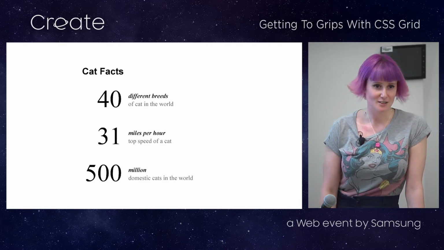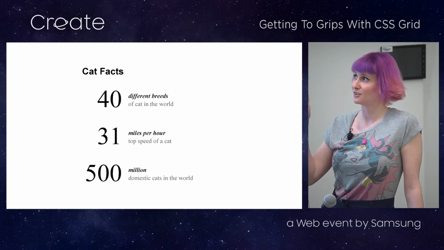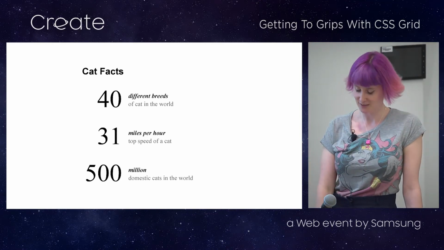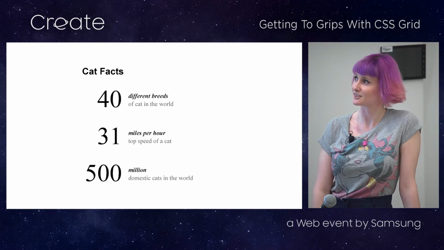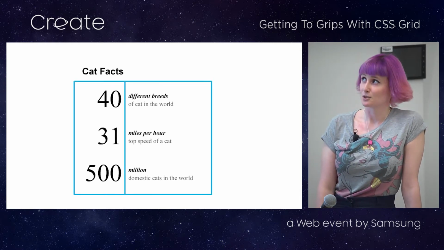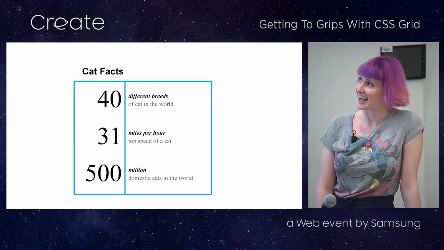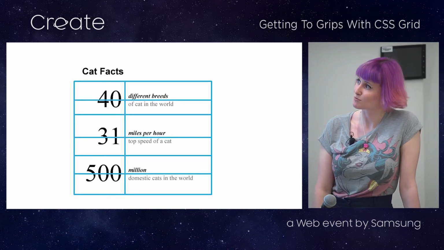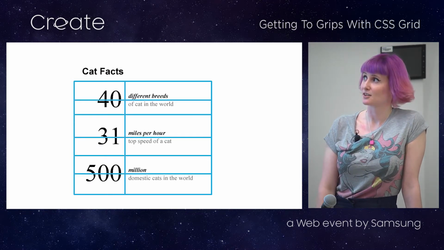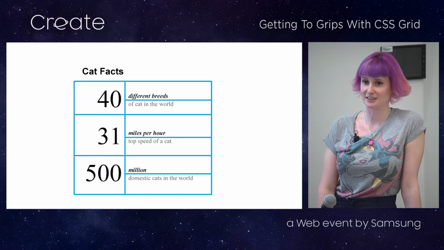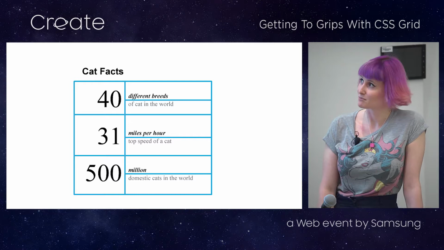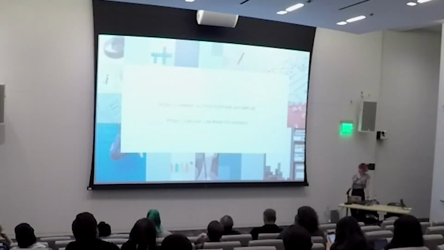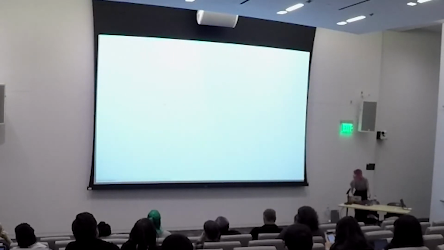And with your grid mind on, you might see that this might be laid out as a grid. If I was going to build it as a grid, I'd do it like this. So we've got 2 columns, and then we've got 6 rows, but those first 3 elements are going to span 2 rows each.